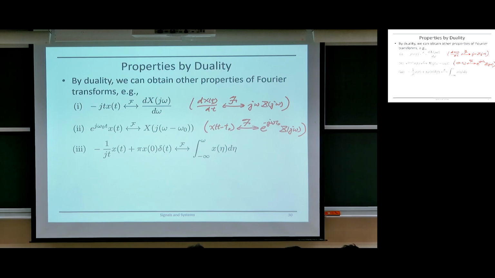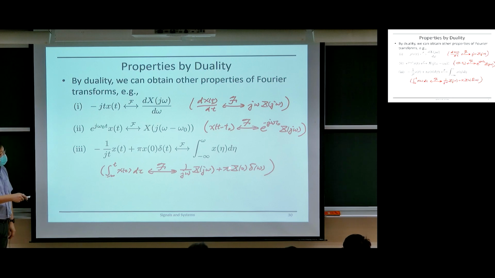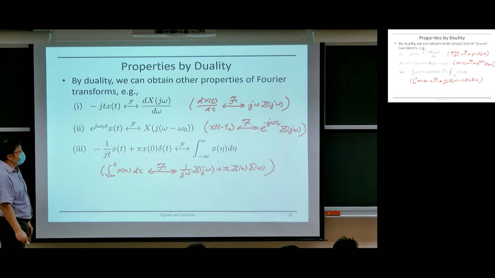Okay. And similarly, for integration, we know that if you have integration in the time domain, then the frequency domain takes on this form here. Okay? Basically, 1 over j omega times the spectrum, plus a bias at 0 frequency.